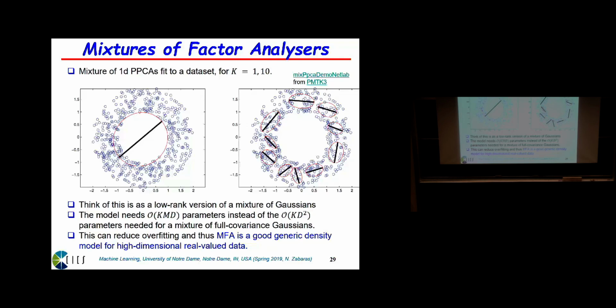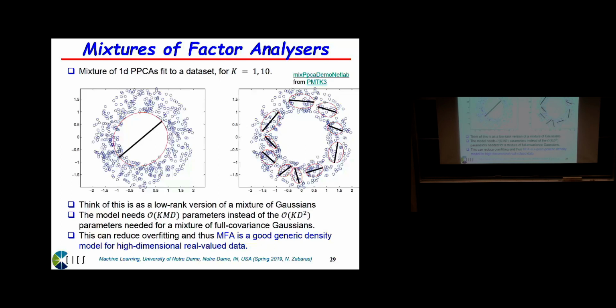If you take a mixture of 10 linear projections, you can actually do local fitting, as you can see. This is something you can visualize that makes sense. But in reality, these mixture models fit even very high dimensional data very well. So this should be something you consider when you have to deal with this type of problem.